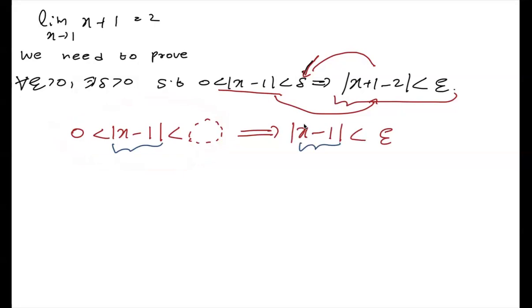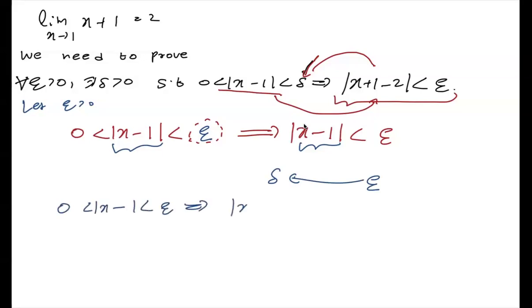Because we take epsilon to be positive, if I put epsilon here, this will work. So for any given epsilon, our delta is nothing but epsilon itself. In other words, 0 < |x - 1| < epsilon straight away implies |x - 1| < epsilon.